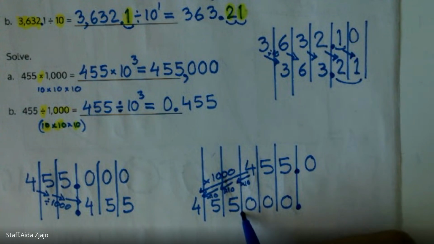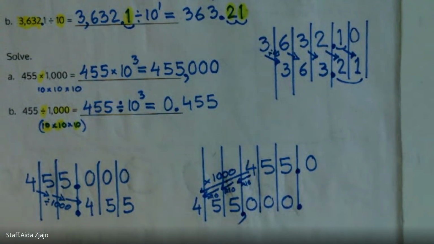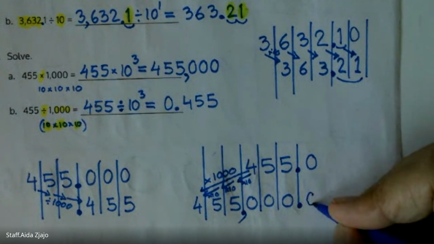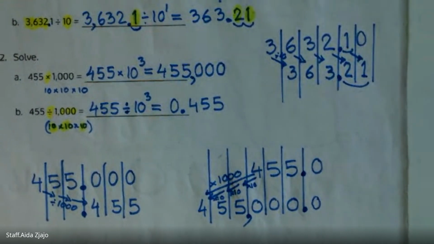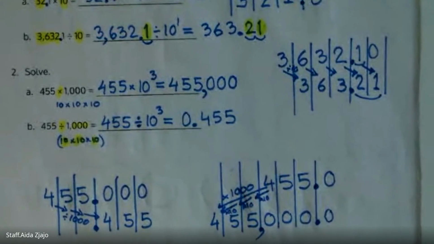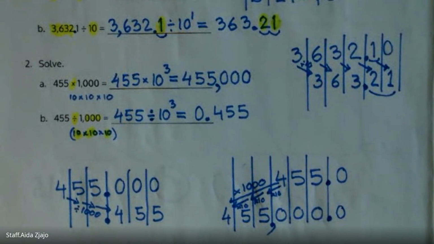Now I can add a comma, and I can add a 0 to make it perfect. So here is our answer for B.